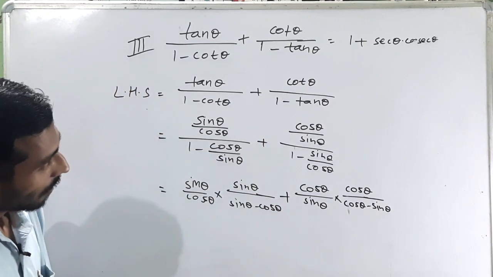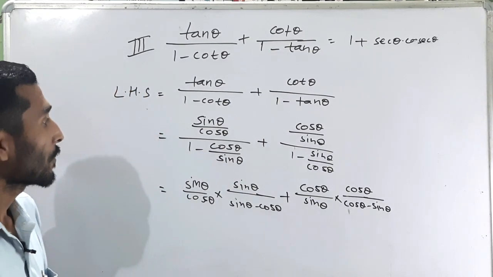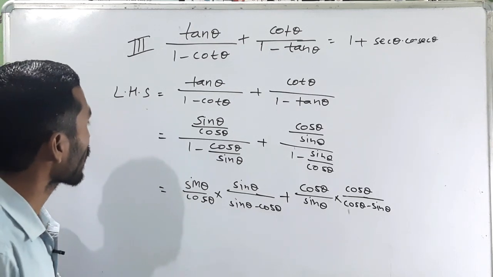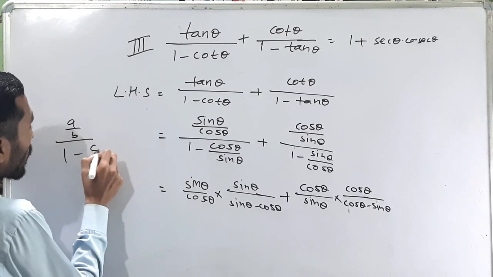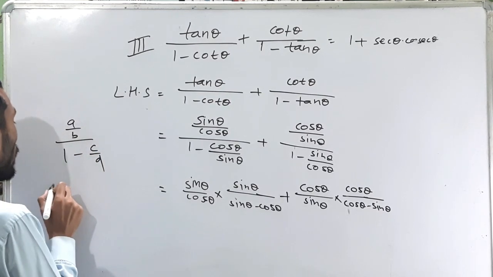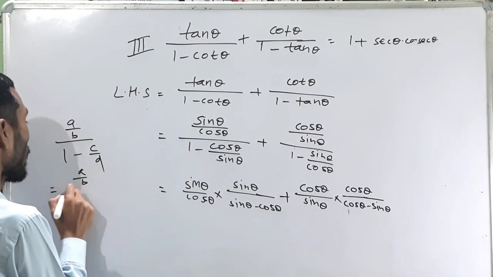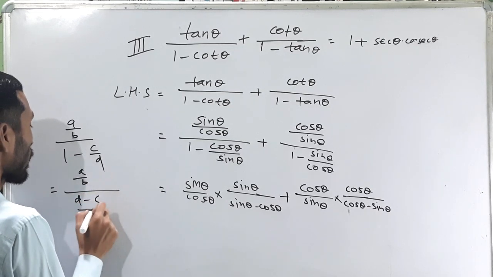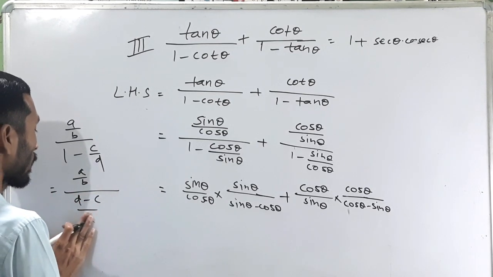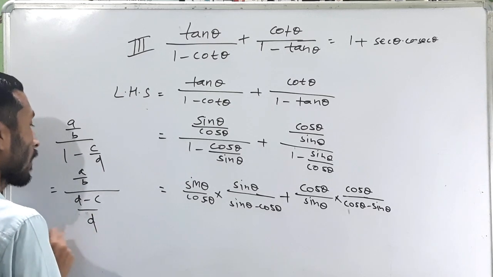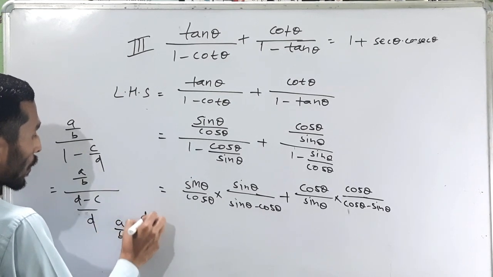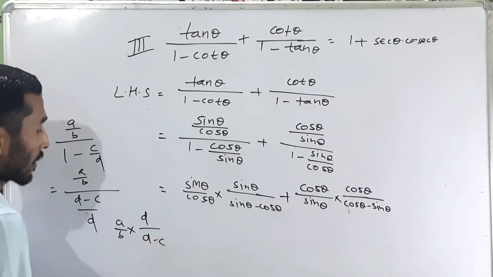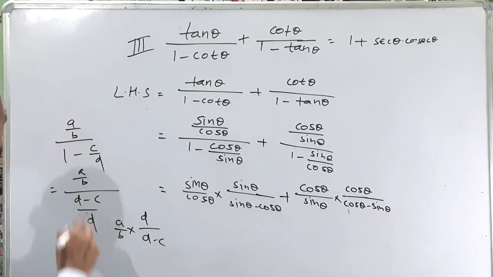There is no need to worry, because if it were a by b over 1 minus c by d, then simply we can do a by b over d minus c by d, and we can write a by b into d by d minus c. So this is very simple.